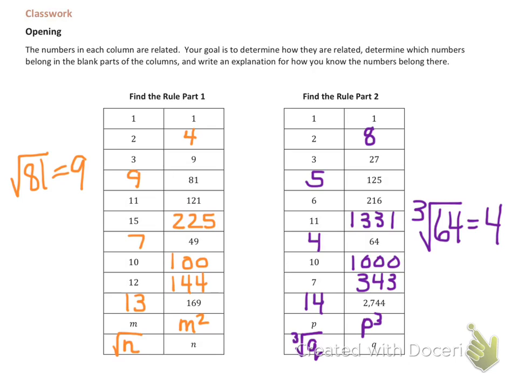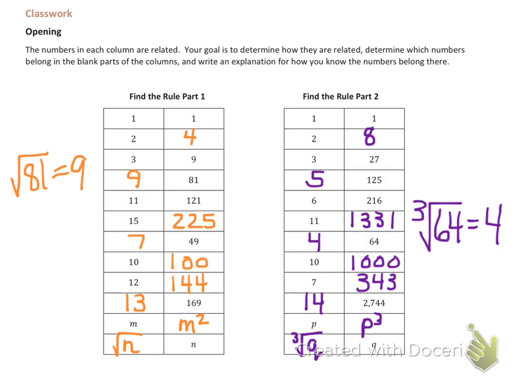Now in this chart, you notice these are all perfect squares here, and these are all what you would call perfect cubes, in the same way that they have an integer root. So 216 is a perfect cube because 6 times 6 times 6 is equal to it. But we could extend these tables to include an infinite number of rows.